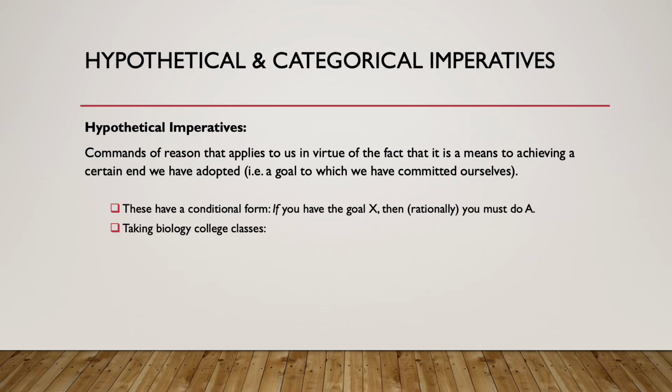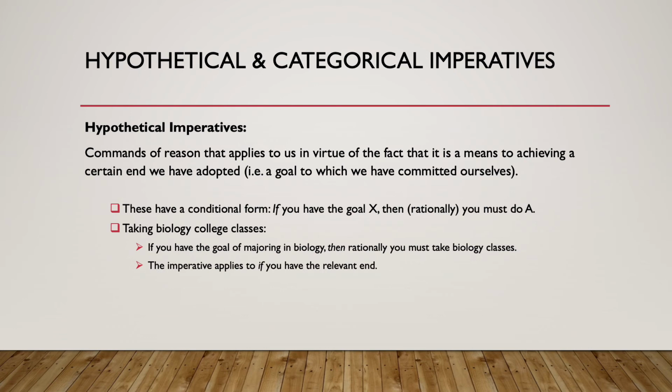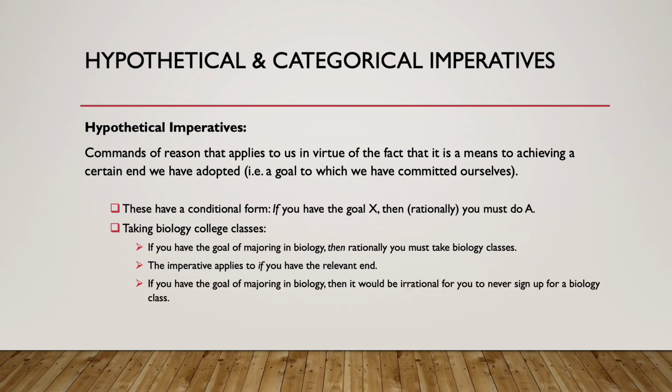So consider the example of taking biology classes. This is an action. Well, you might have hypothetical reasons or imperatives to take biology classes. If you have the goal of majoring in biology, then rationally you must take biology classes. That imperative or that reason applies to you if you have that relevant end or goal.